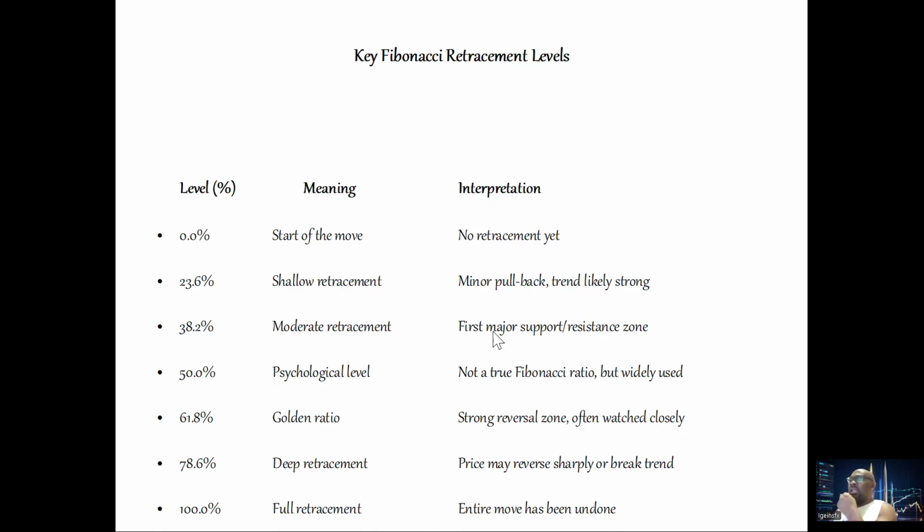As we are dealing with a bullish market, that means the first major support. Once price gets to 38.2, be expecting a reaction from there. But if the retracement is strong, it will break this level.